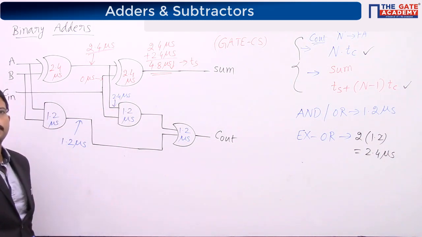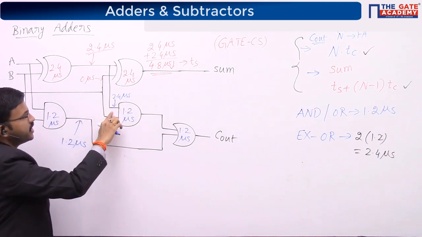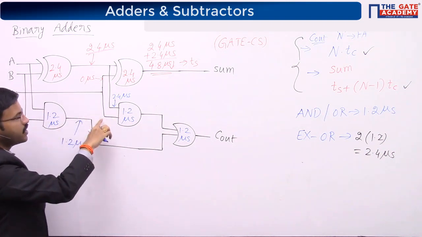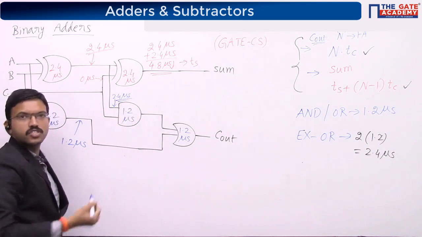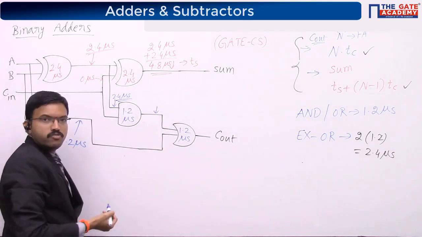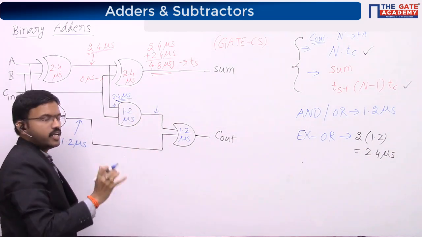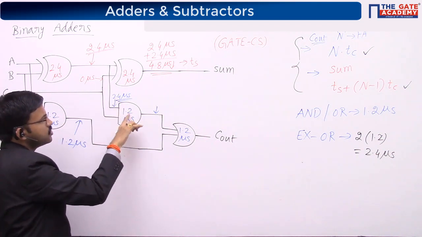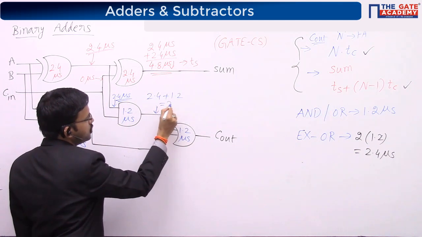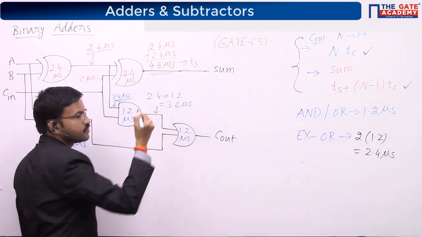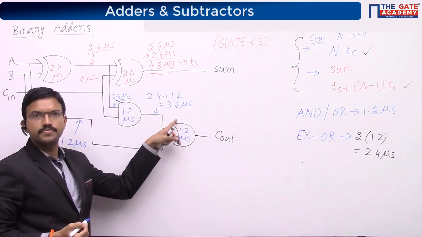Is it clear? One of the inputs I am getting at 2.4 microsecond, the other input directly at 0 microsecond. So among these two, whichever is the largest, that one I will consider. This AND gate output will be valid if I consider these two delays, 2.4 plus 1.2, that is 3.6 microseconds. Up to here, is it clear?